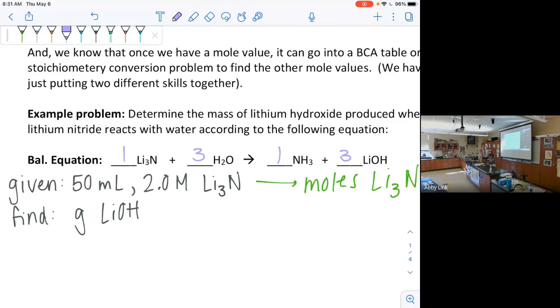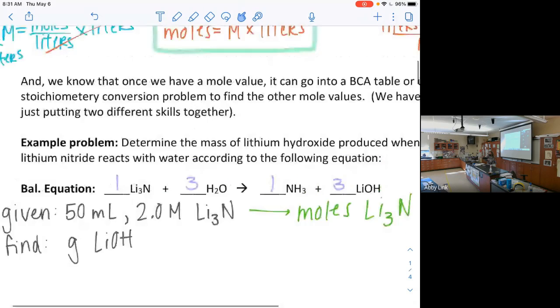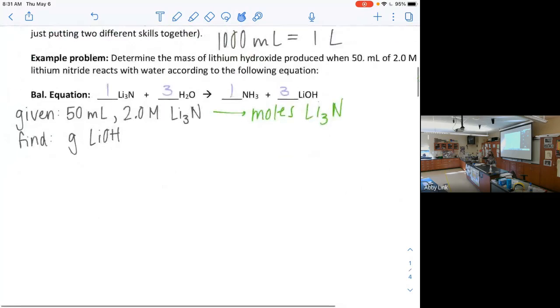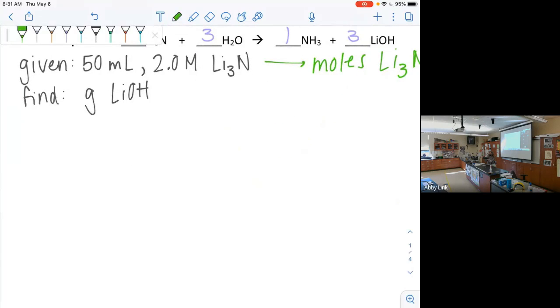So perhaps up above here, you're going to want to write down the conversion for milliliters to liters. There are 1,000 milliliters in 1 liter. So if I have 50 milliliters and I want to convert that to liters, I'm going to take 50 milliliters and essentially divide it by 1,000.